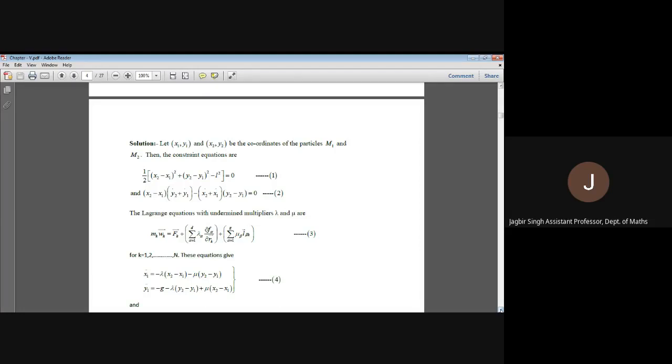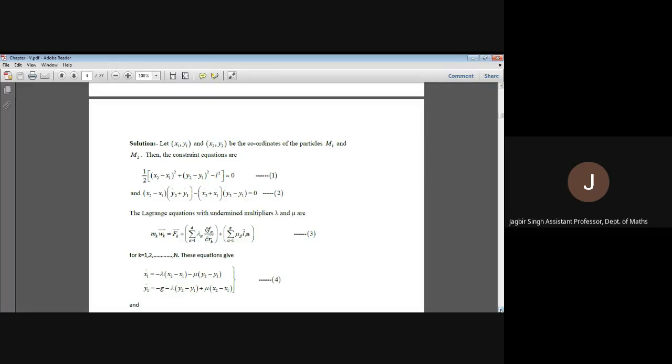So along the x-axis there is no effective force. So in this case Fk is 0 for the first equation. Now plus lambda. I'm not saying lambda 1 and mu 1 because we are having only one coordinate, so lambda and mu will be used.